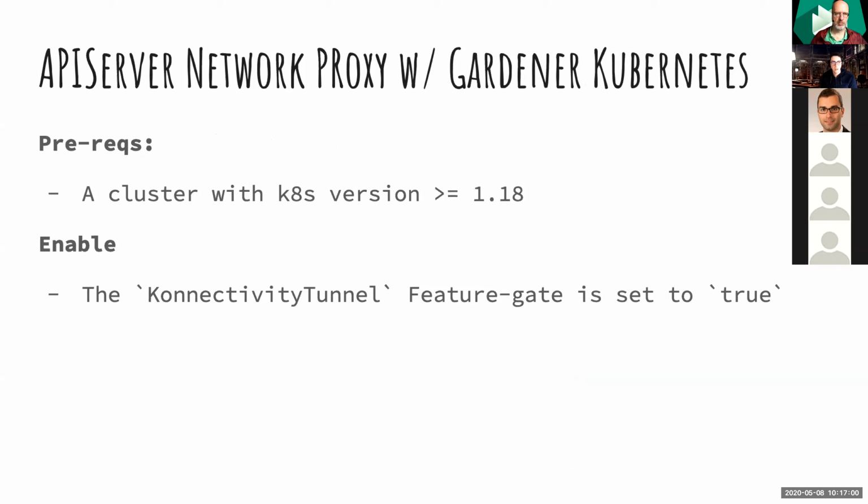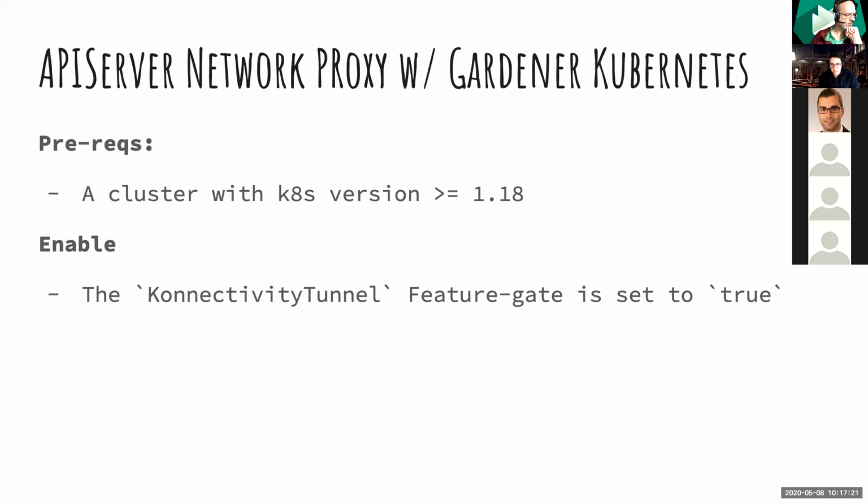In Gardener, there is now a PR already, and you can have a look. But the prerequisite, as I said, is 1.18, because this flag does not exist before 1.18. So this should be a motivation for people to upgrade their clusters to more than 1.18.